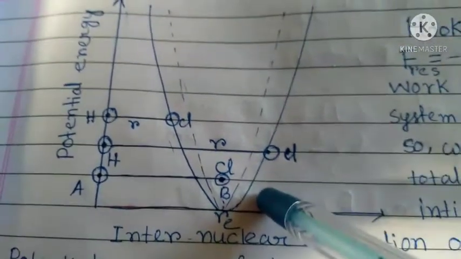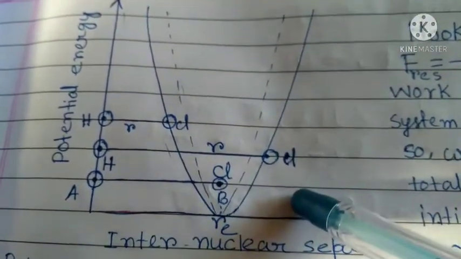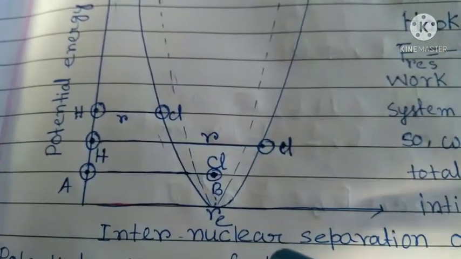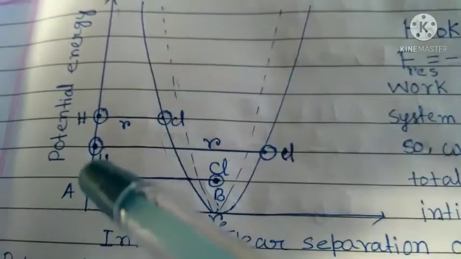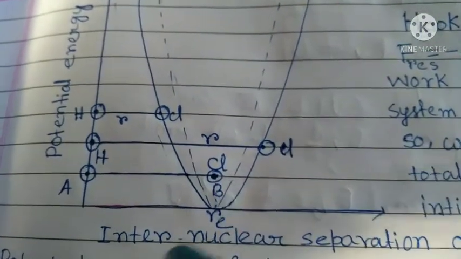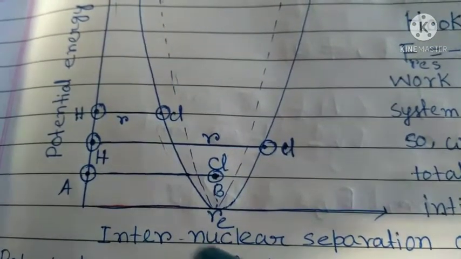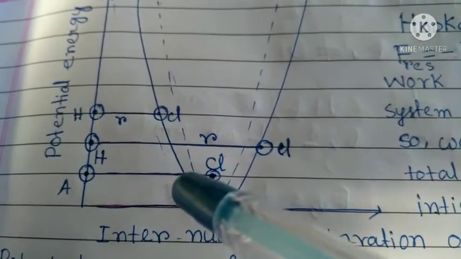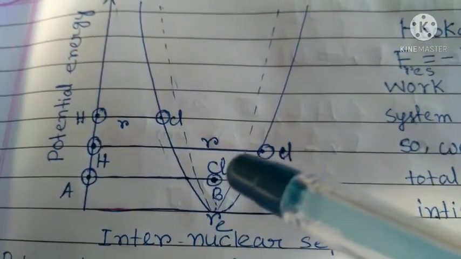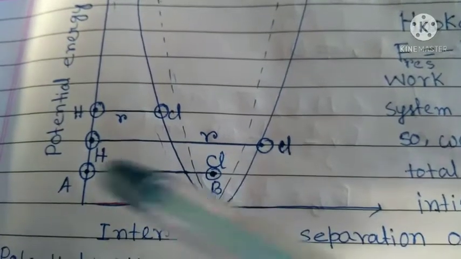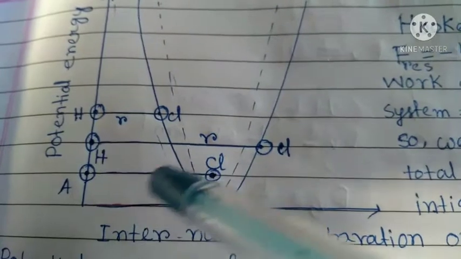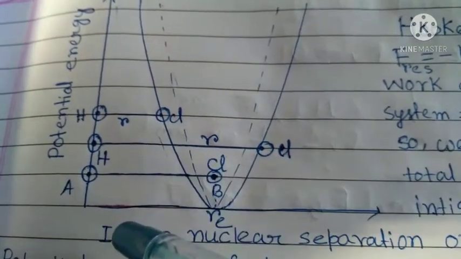Whenever you open any book to read about vibrational spectroscopy, you see this kind of potential energy curve versus internuclear separation. The y-axis presents the potential energy of the molecule, and the x-axis the internuclear separation between the atoms which form that particular molecule. Here, suppose a simple heteronuclear diatomic molecule, HCl.